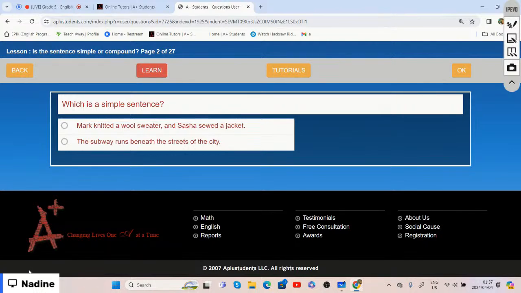Which is a simple sentence? It says, Mark knitted a wool sweater and Sasha sewed a jacket. Or the second option that says, the subway runs beneath the streets of the city.